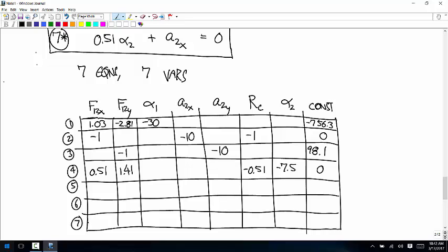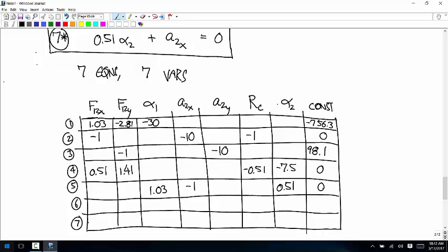Equation 5, alpha 1, we have 1.03. a2x, we have negative 1. Alpha 2, we have 0.51. And all the rest are zeros.